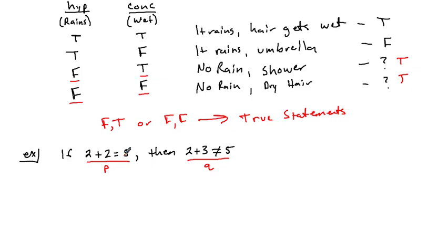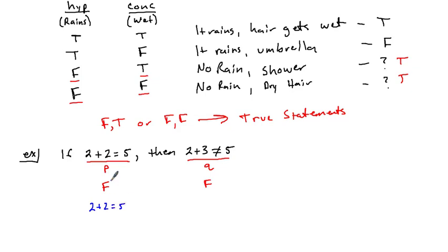So 2 plus 2 equals 5. Well, that's false, right? So we come over here and it says, if 2 plus 2 is 5, then 2 plus 3 is not equal to 5. Well, unfortunately, that's also false, right? But you have to think about this. If 2 plus 2 is 5, now we know it's false.